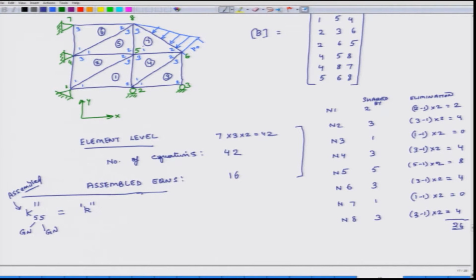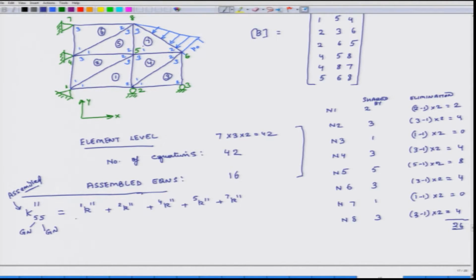So, let us call this, on this side I am putting element number. Then it will get another component from element number 2. Then it will get another component from element number 4. Then it will get another component from element number 5. Then it will get another component from element number 7.